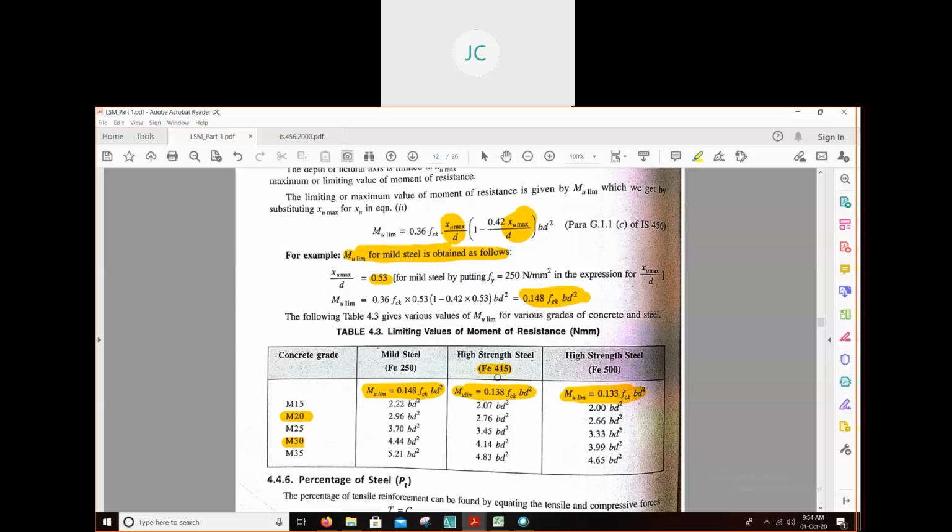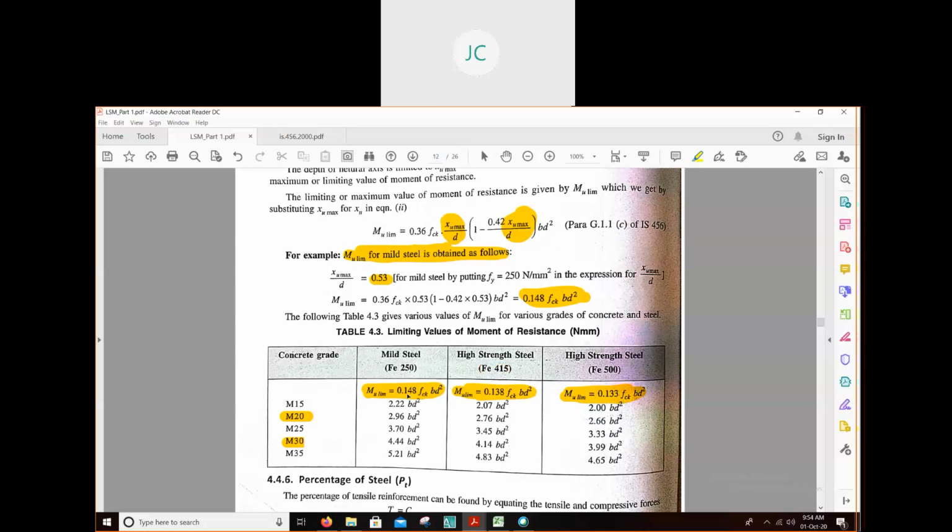All of you, no need to remember these values. Only try to remember these three equations. Limiting moment of resistance for mild steel is 0.148 fck bd square. For Fe415, Mu lim, that means the limiting value of moment of resistance, is 0.138, and for Fe500 this will be 0.133.